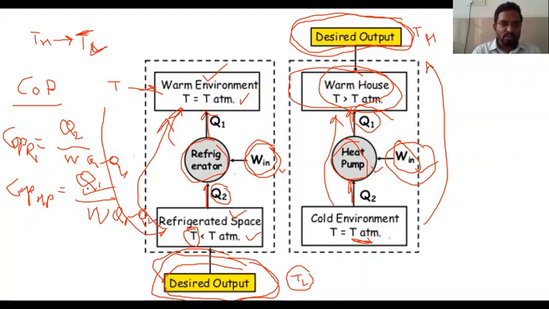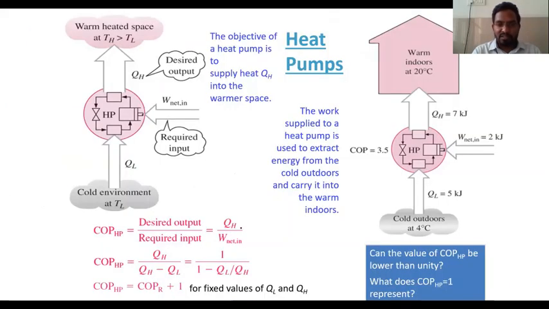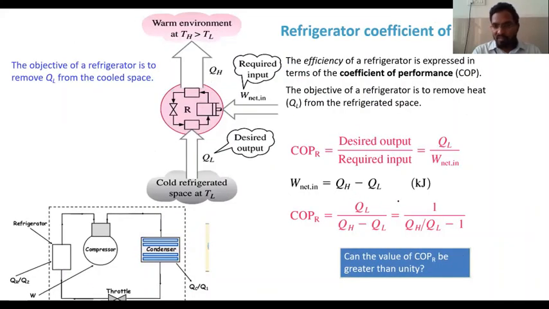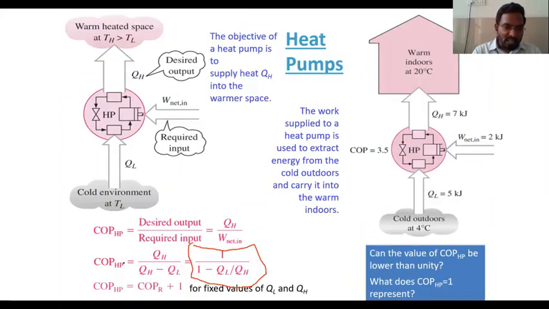And when you simplify those two things further, you will get a relation like this one. This is for a heat pump, and for refrigerator you will get this one, 1 divided by QH by QL minus 1. And we derived one additional relation based on COP of heat pump and refrigerator, that COP of heat pump is equal to COP of refrigerator plus 1.